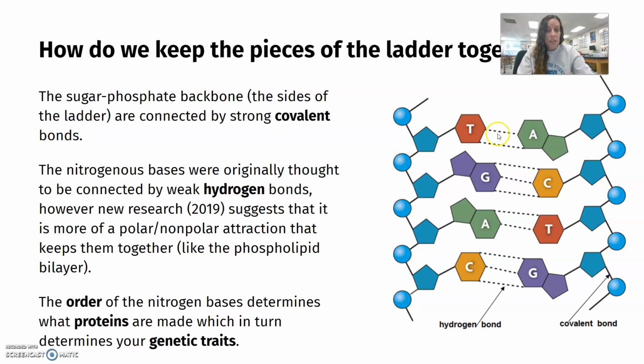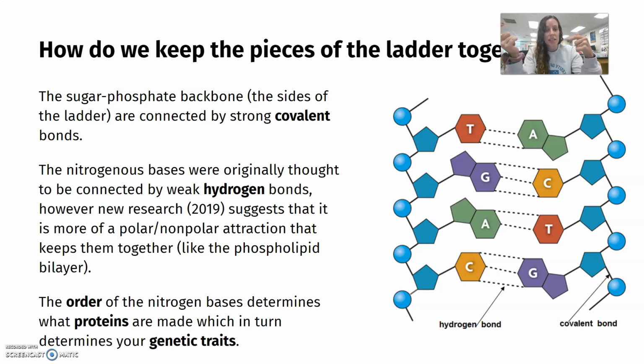The nitrogenous bases right here were originally thought to be connected by weak hydrogen bonds. However, new research, like within the past couple of years, has suggested that it's not hydrogen bonds, it's more of a polar and nonpolar attraction, just like the phospholipid heads and tails, how they push and pull against water.